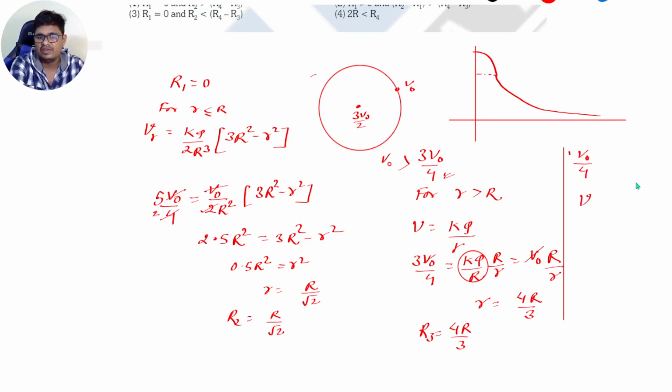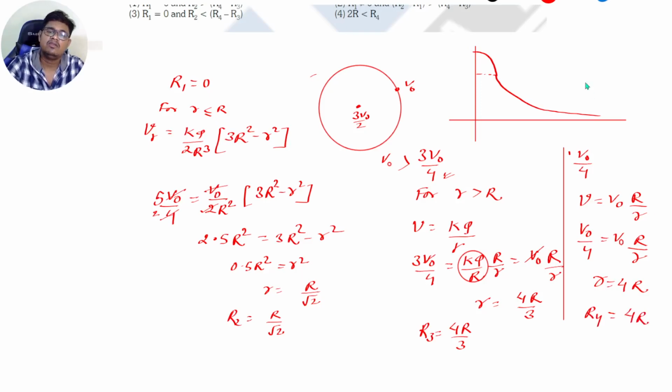So I will be writing V equals V naught times R by r, and according to the question V is basically V naught by 4. Here I just directly used the equation that I have written before. So here I will be writing V naught R by r, and you can see that r equals 4R. So that means R4 is 4R. Now R1 is 0, R2 is R by root 2, R3 is 4R by 3 and R4 is 4R.